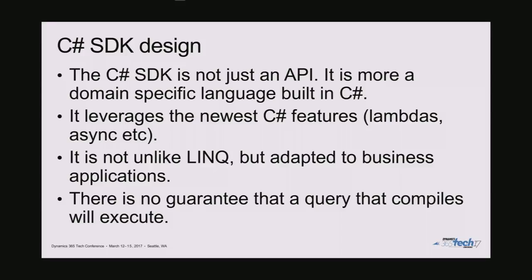You do not have this guarantee in LINQ or in Blink even. There may be cases where you can write a query that will compile, but it will have unexpected results when you run it. We really try as much as we can to make it syntactically impossible to express things that make no sense, but it's not possible to do that entirely.